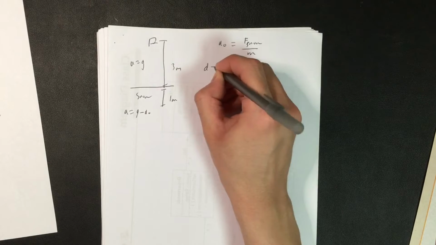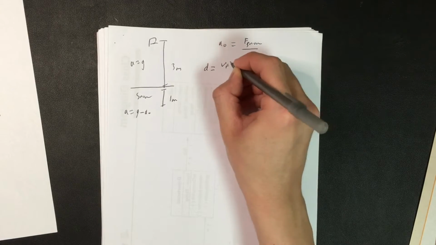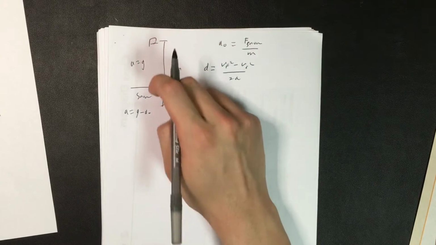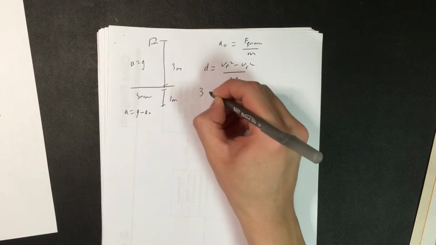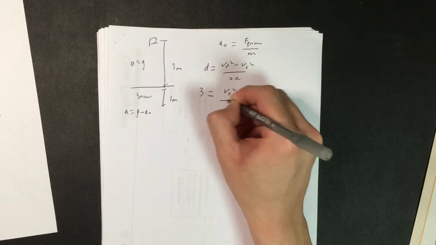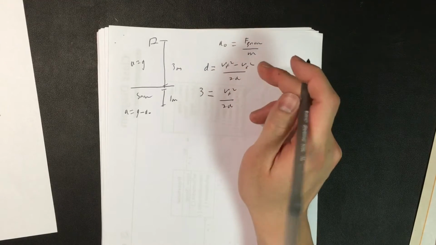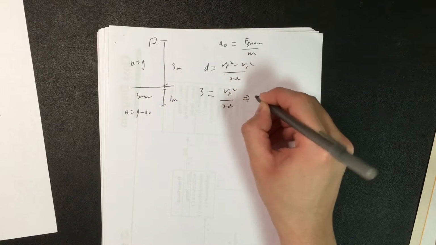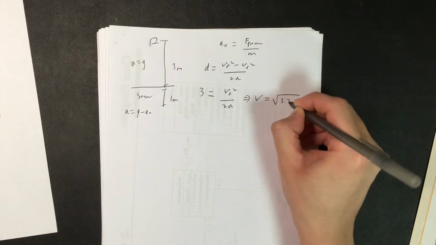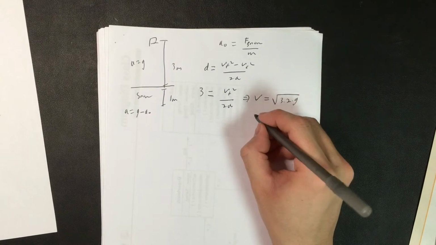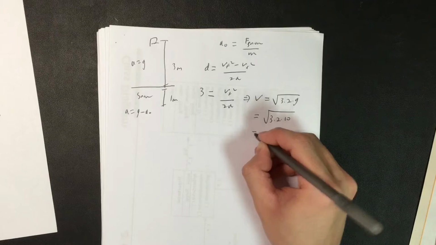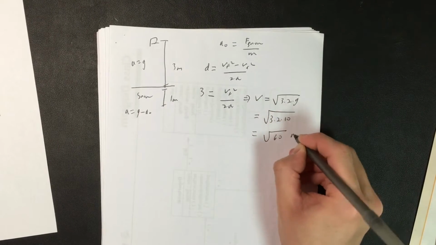Using the fourth kinematics equation, d equals v final squared minus v initial squared over 2a, for the first half of motion, distance 3 equals final velocity squared over 2g, since initially the textbook was at rest. And therefore, the velocity would equal the square root of 3 times 2 times 10, which equals the square root of 60 meters per second.